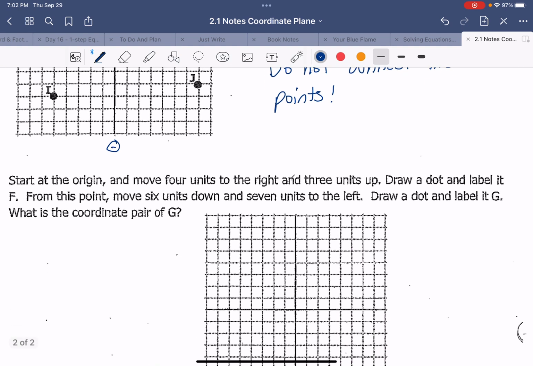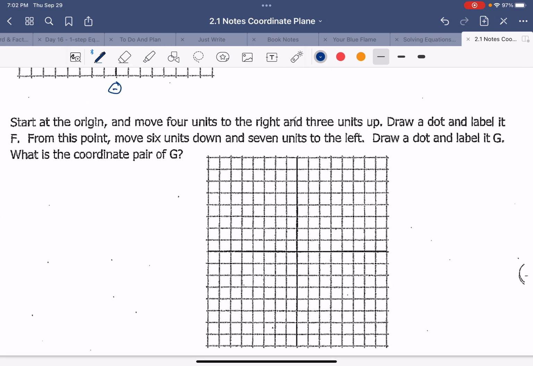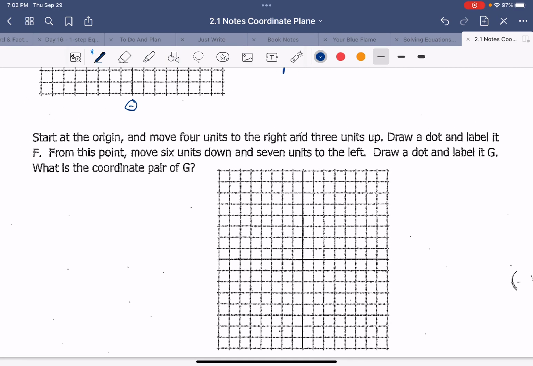All right. Now, this one's going to be a little tricky, kind of something for fun. See if you can follow the directions and find point G and point F, okay? So go ahead and pause the video if you want. I'll read the story to you first. I'll read it, and then you see if you can follow along while I read it to you, okay?